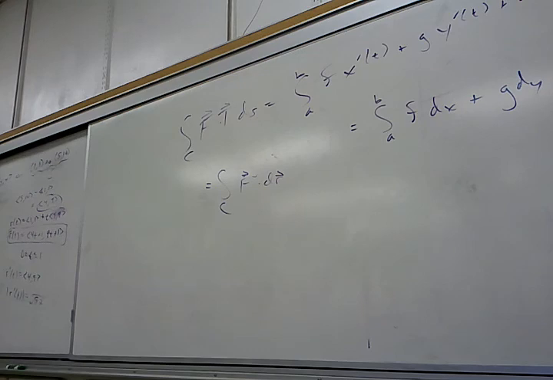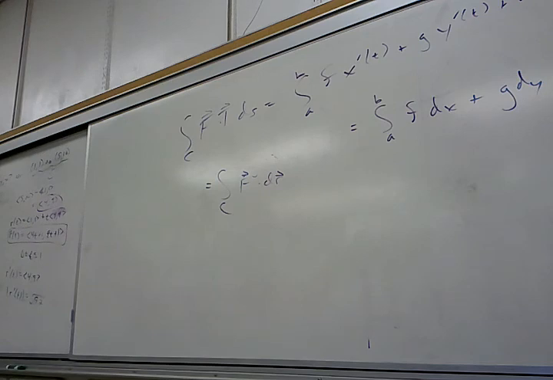What I was doing is I was getting mixed up with the line integrals of scalars. When you do line integrals over scalar functions, that's where you use the magnitude of r prime, because you have the integral of f ds. That's when you're dealing with scalar functions, meaning the outputs will be just numbers.